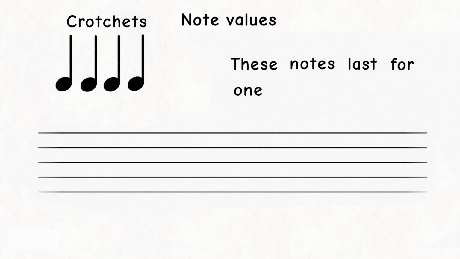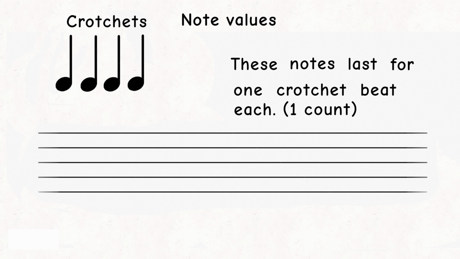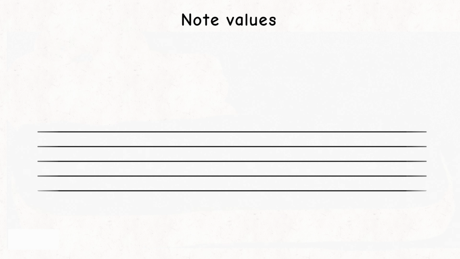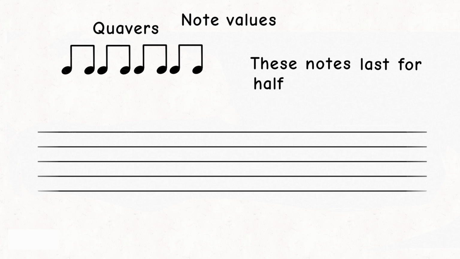Crotchets. These notes last for 1 crotchet beat each. Quavers. These notes last for half a crotchet beat each.